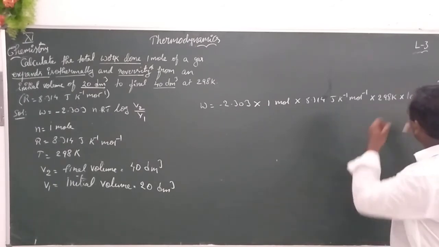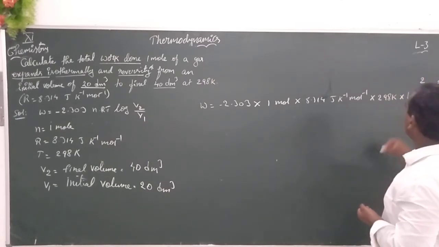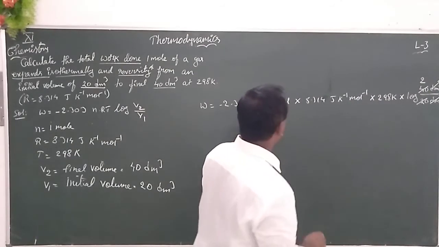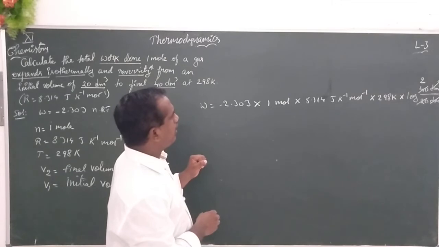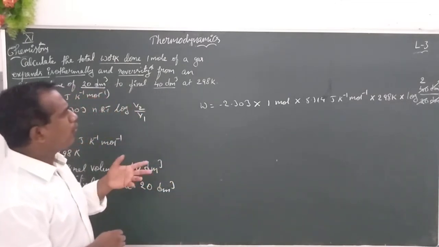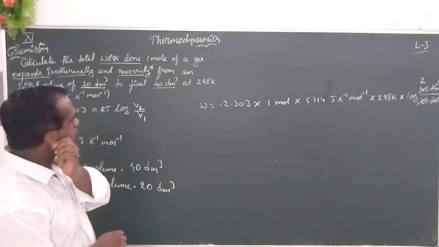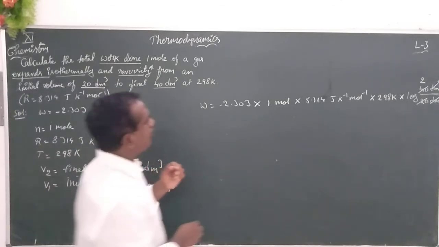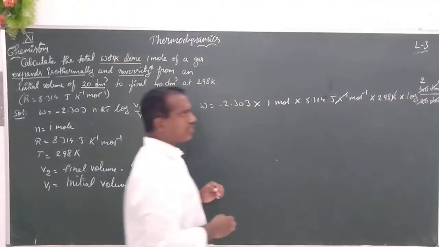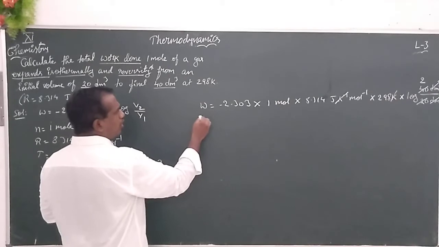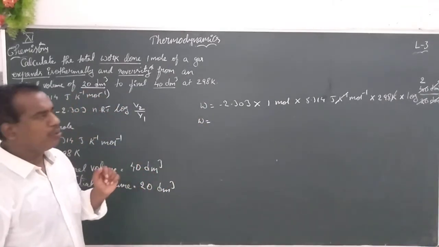The cubic decimeter units cancel, and 40 upon 20 is 2. So what things can we remove? 1 mole and 1 mole cancel. Kelvin and Kelvin inverse cancel.